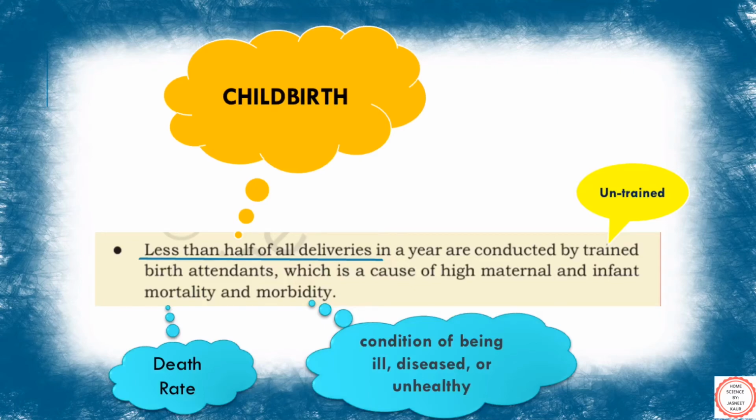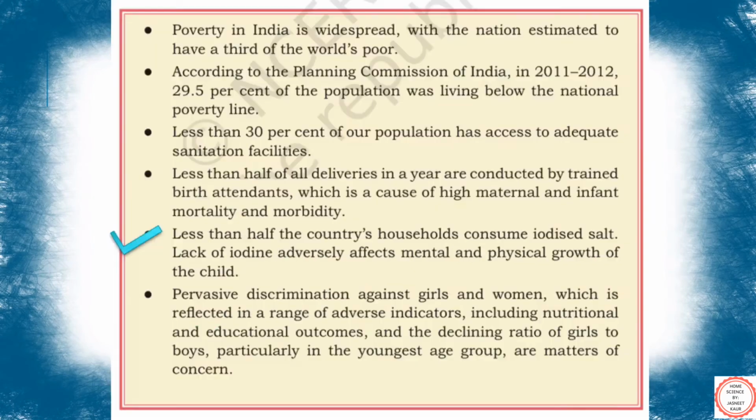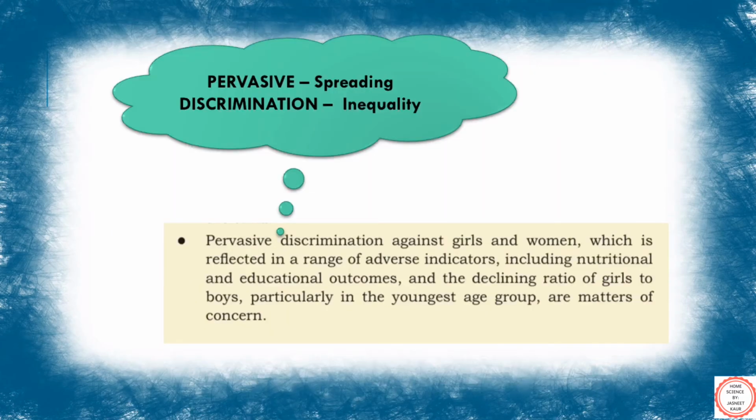If you look at the fifth point, we will get to know that there are still so many people who are not getting iodized salt. Due to that, mental and physical growth of the child is badly affected. The last point says, due to pervasive discrimination, which means a high rate of inequality amongst boys and girls, there is an impact on the nutritional and educational outcomes.